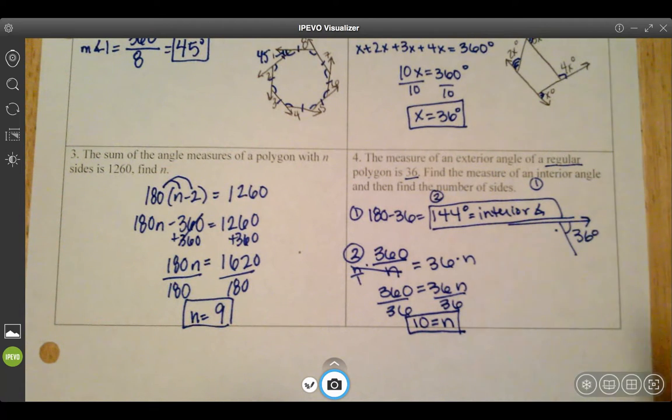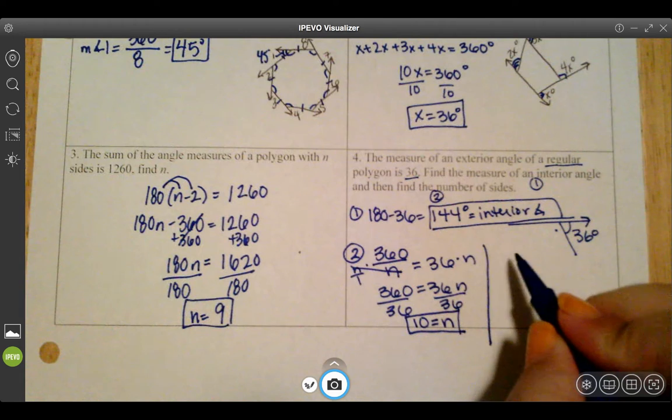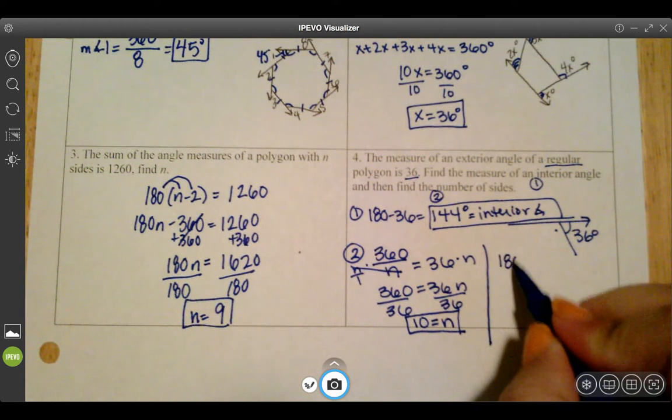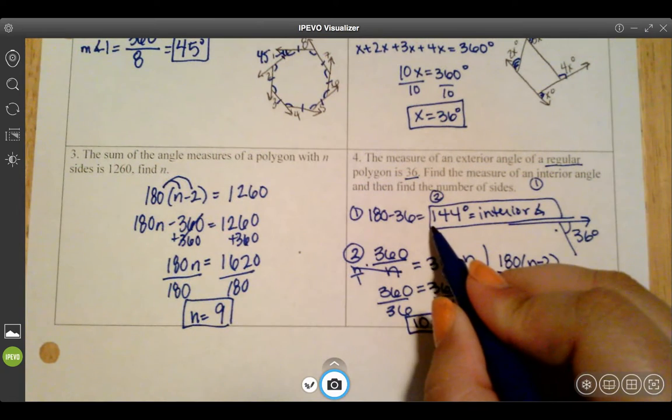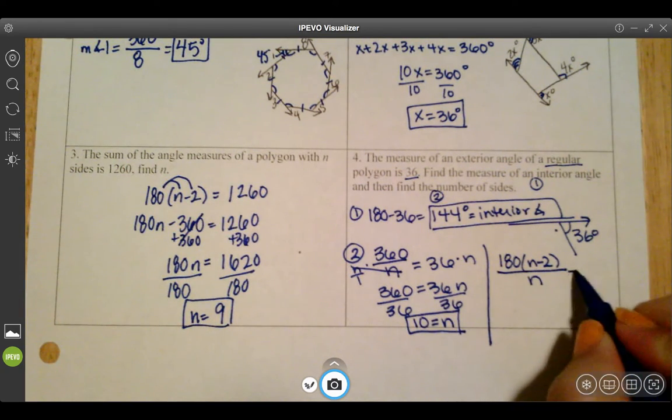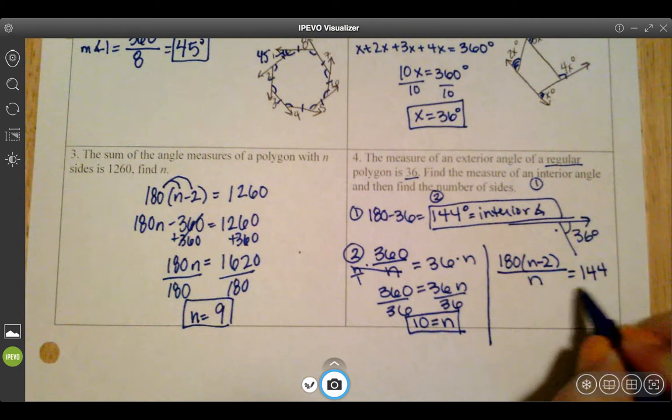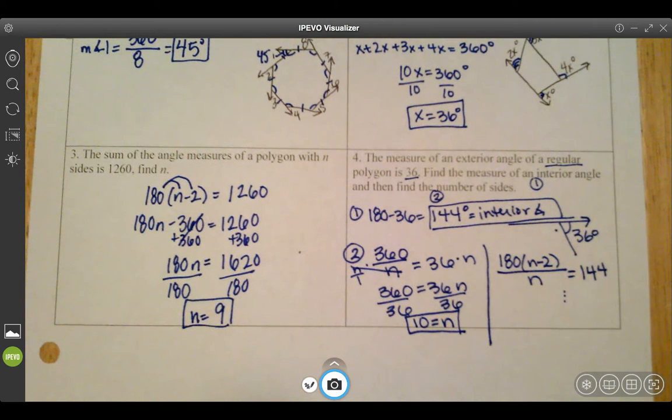The other way to do it, I'll just show you how you would set it up. Similarly to before, we have 180 times n minus 2, but this time we have a single interior angle, so then we divide that by n equals 144. And you would solve that, and you would also get that n equals 10.